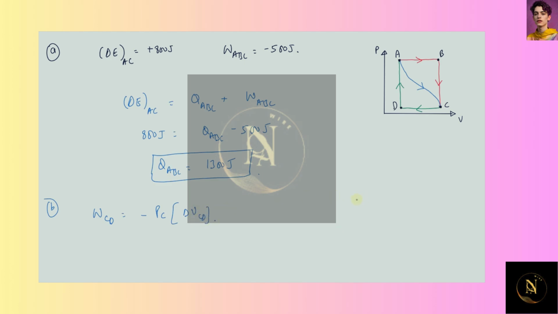Here one condition is given, that the pressure at point A is equal to 5 times the pressure at C.